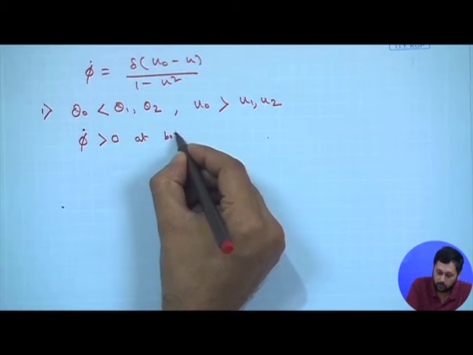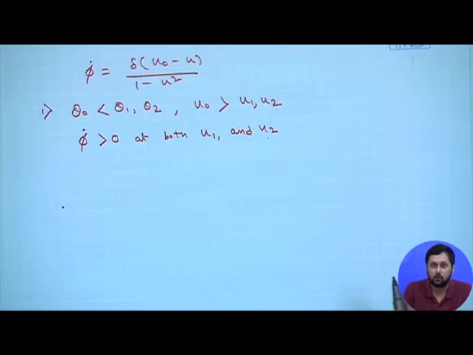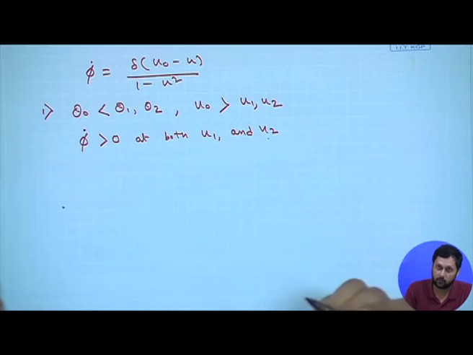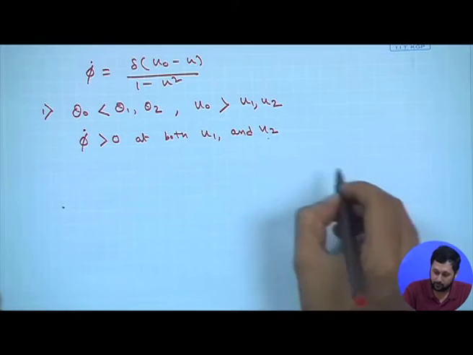So, you have a precession speed at both the limits theta 1 and theta 2 to be positive, and what you get is the axis of the top.